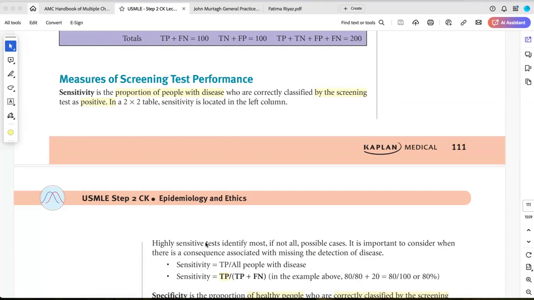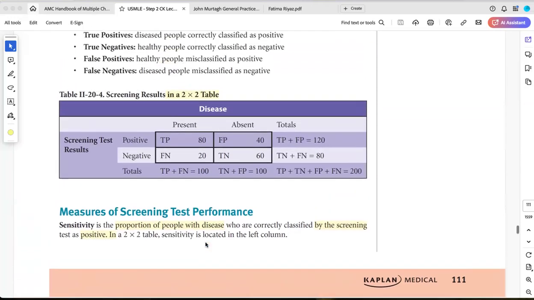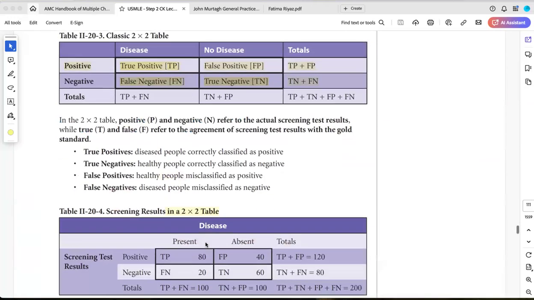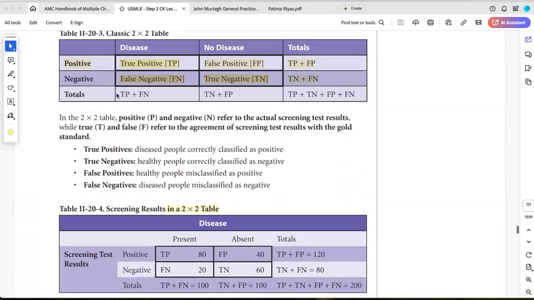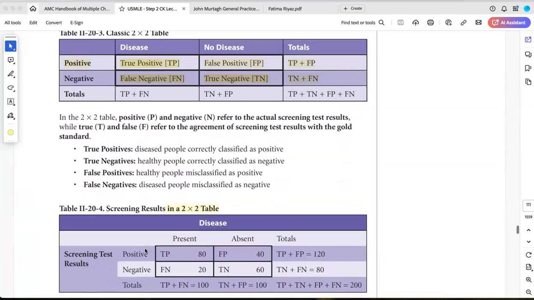That means that this test is 90% sensitive, which means it's highly sensitive. It can find out almost all the diseased people. Okay? So that's sensitivity. And in a 2x2 table, the sensitivity is located in the left column. So this left column usually measures the sensitivity.